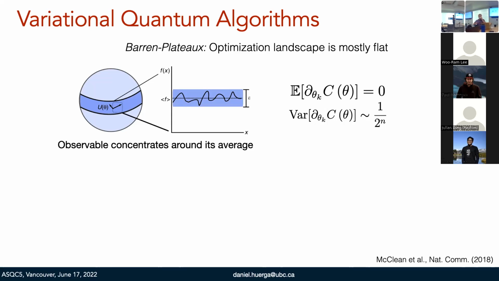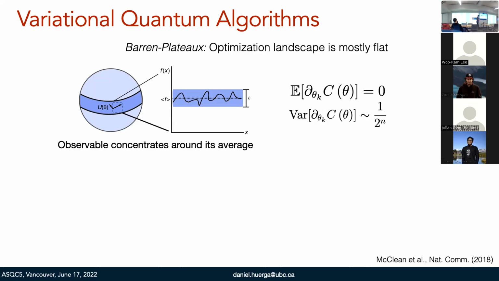And they originate from this phenomenon of concentration of measure, which makes the observables concentrate around their average in the Hilbert space.